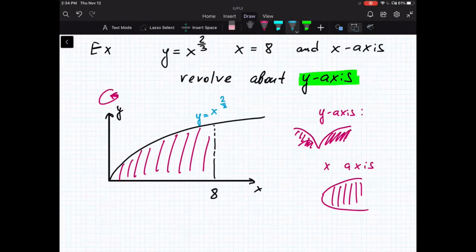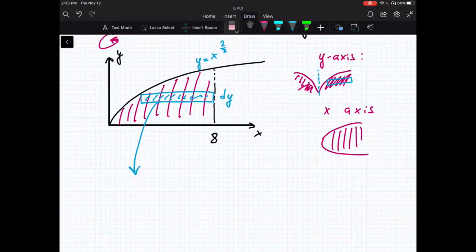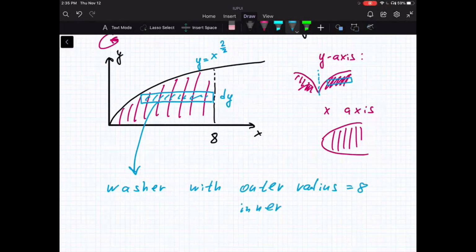Since I'm rotating about the y-axis, I should consider horizontal rectangles. So this is my typical rectangle. Its thickness is dy, and since I'm interested in the volume, you will get a washer with outer radius, which is 8, and inner radius.